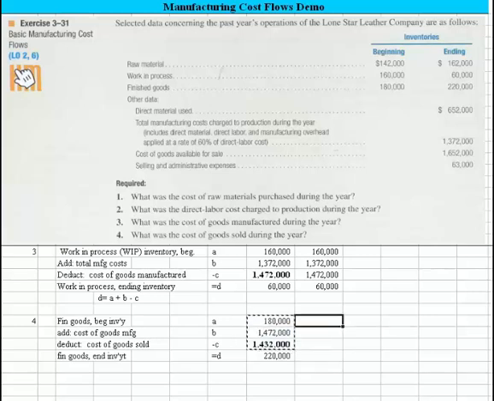I will copy these over, and then copy that formula, which adds the above cells, A plus B less what's in C, the cost of goods sold, and it should equal 220,000. Since those two numbers are the same, I know we've solved it correctly. This is our nice proof. And we have now completed the exercise.